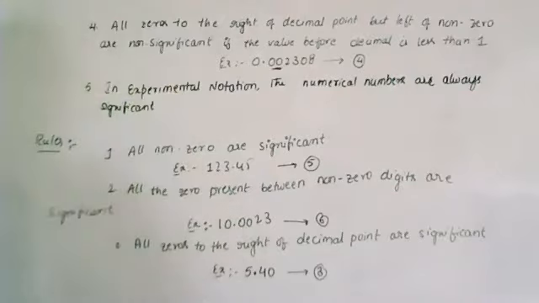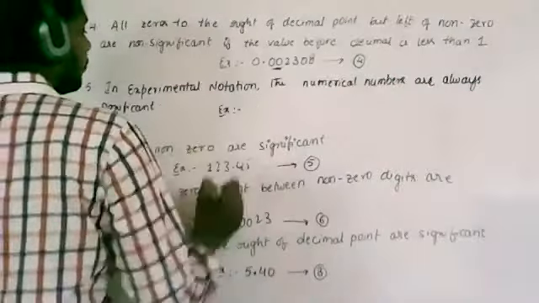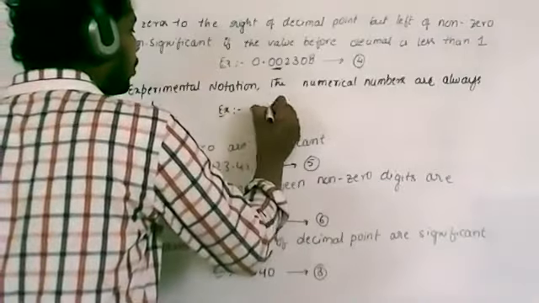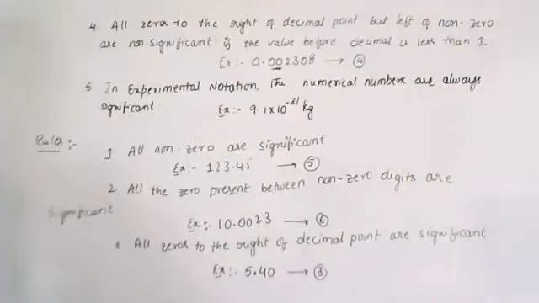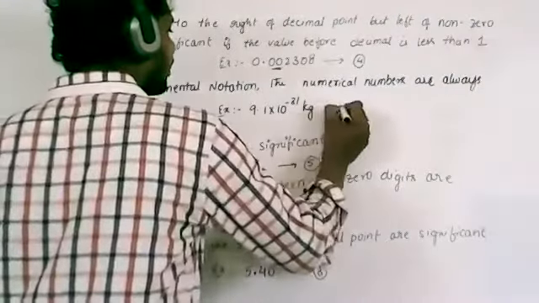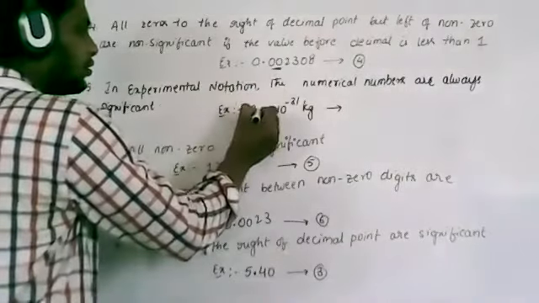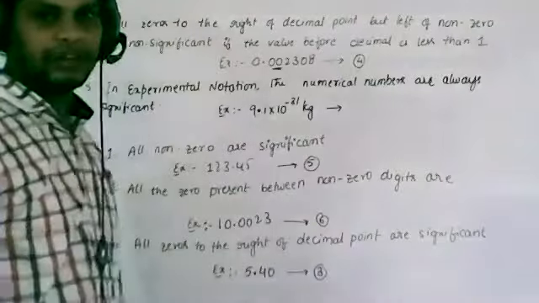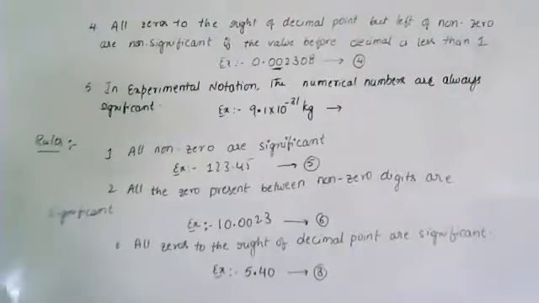For this, I'll give you an example: 9.1 times 10 to the power of minus 31 kg. This is the mass of an electron. How many significant figures are there? There are 2 significant figures, because the numerical part is 9.1. I hope you understood this point.